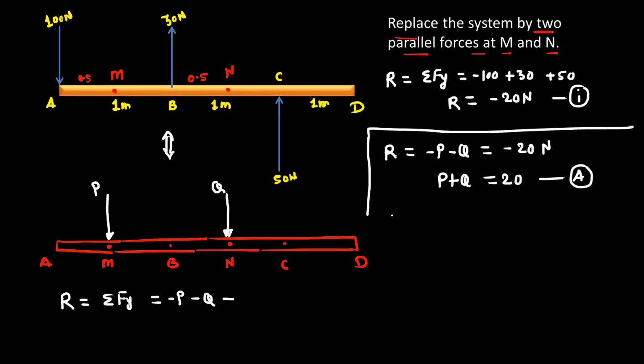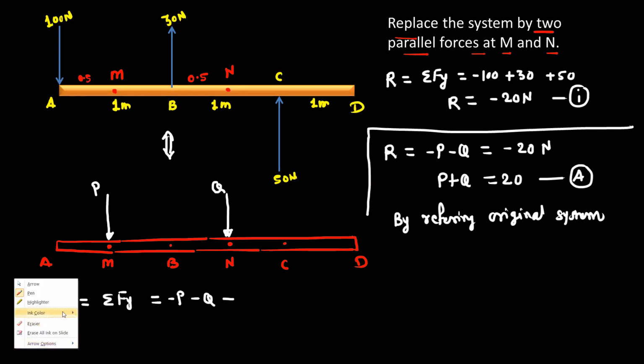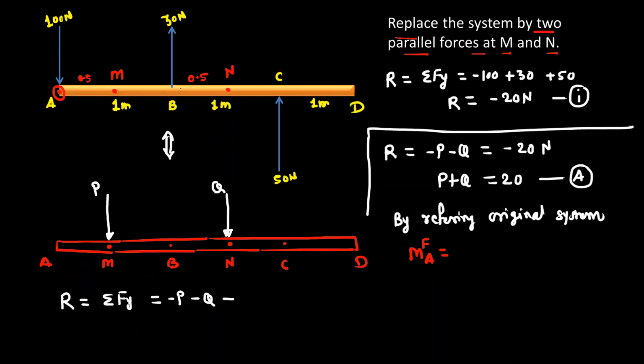So by referring to the original system, select the point A as the moment point, and take the moment by all the forces in the system about the point A. So first is 100 Newton. 100 Newton is exactly passing through the point A. So there is no perpendicular distance.